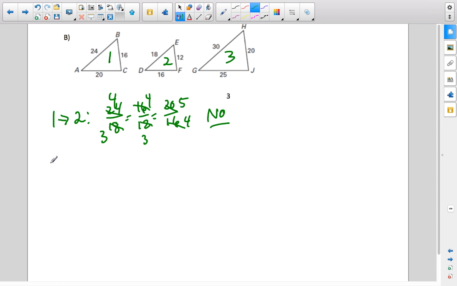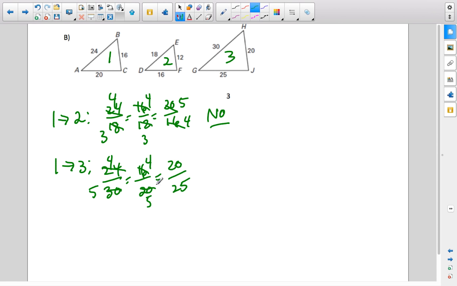It's not 1 and 2. Let's try a 1 to 3, see if that one works. 24 over 30, does that equal 16 over 20? And does that equal 20 over 25? Reducing 24 over 30, because they're both divisible by 6, we get a 4 over 5. Reducing 16 over 20, because they're both divisible by 4, we get a 4 over 5.